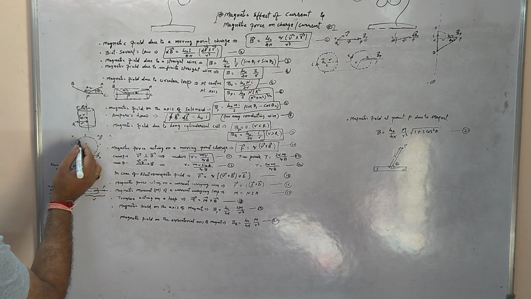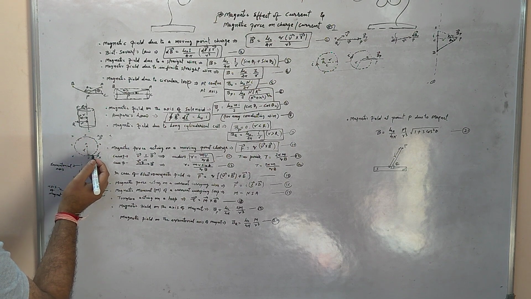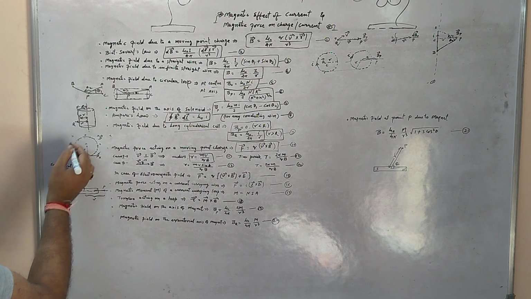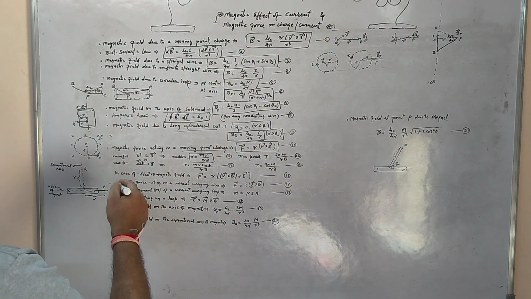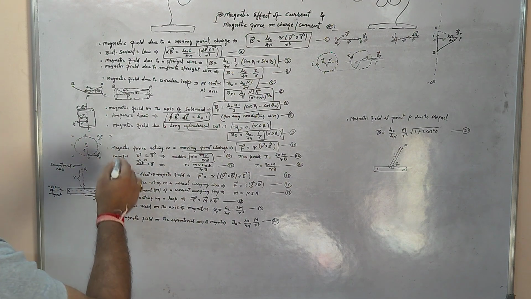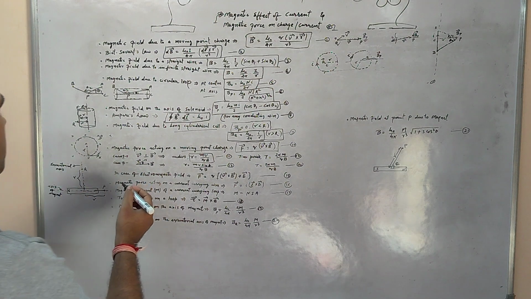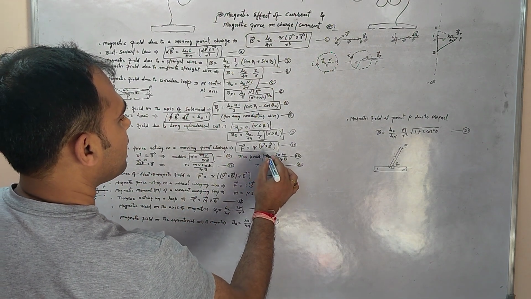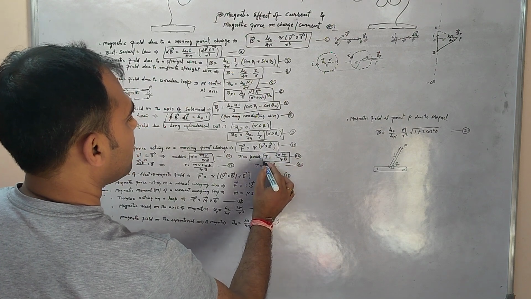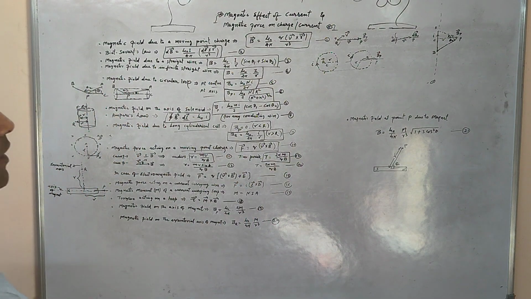This will go like this and come back at this point, then again go like this. So this will be the periodic motion, and the time period we can find, 2 pi m by qB.